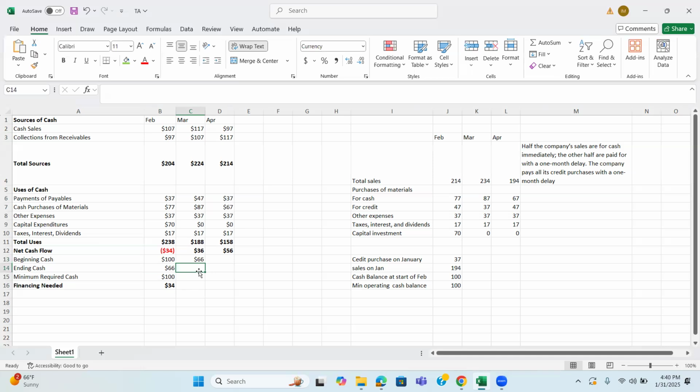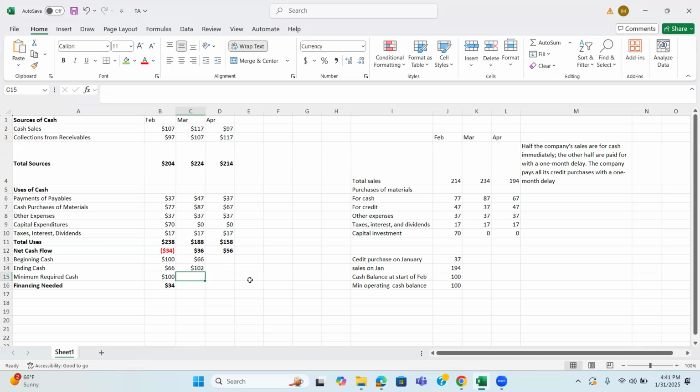Thus you can easily calculate your ending cash: your net cash flow is 36, and you just add it to your beginning cash. So your beginning cash was 66, and then you have 36. Thus you have ending cash of 102.